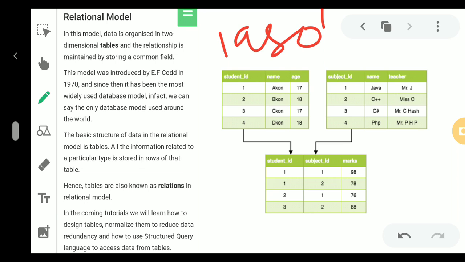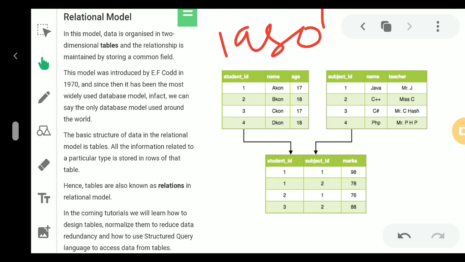In this model, data and the relationships between them are represented using a collection of tables, and tables are joined by relationships. This line shows the relationship, and whatever data is there is contained in the form of tables, and two or more tables are related to each other by a particular relationship.